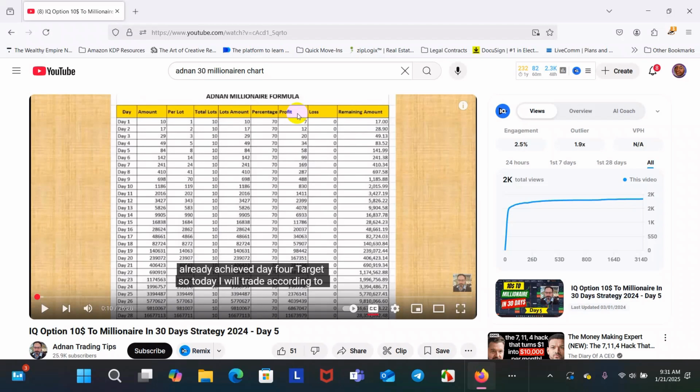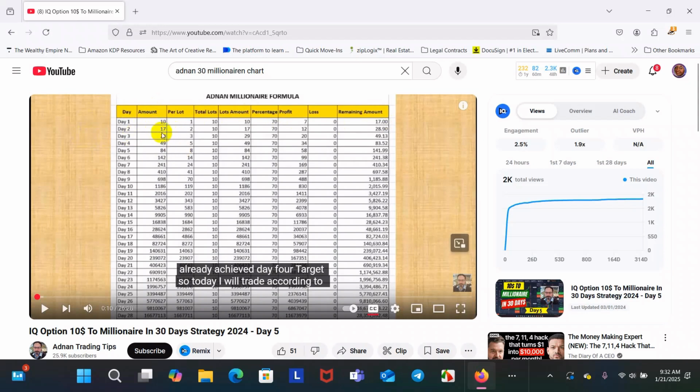When you go to day 2, the profit should be $12 on top of yesterday's, because remember, every day is a new day. Yesterday does not matter. So with his chart, he started off with $10, was able to profit $7, and ended the day at $17. So when day 2 comes in, day 1 does not matter. You're starting off with $17 and that's it.